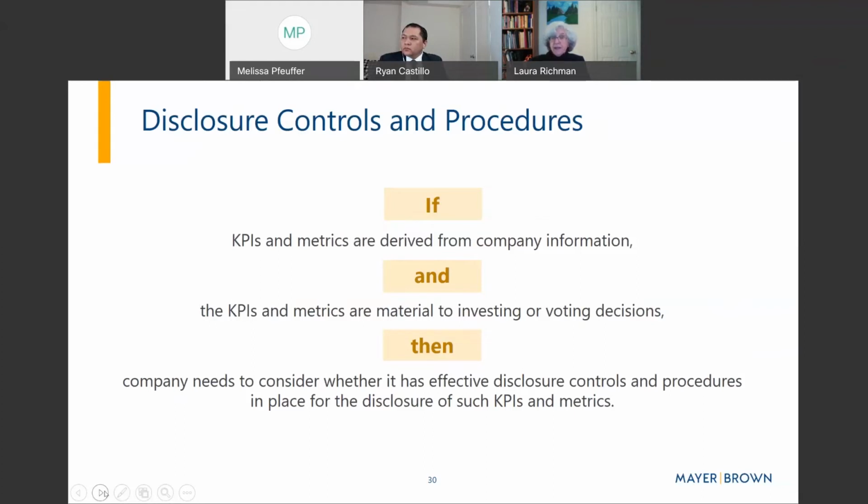If a metric is customized, you really need to document the way the calculation is done so that over time, others within the organization who are calculating the KPI for disclosure purposes are doing it consistently, so you can identify if there's a change that requires disclosure. So with that, Ryan, I'm going to turn the program over to you now.